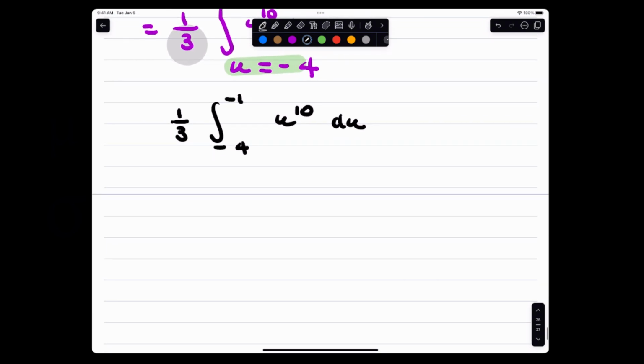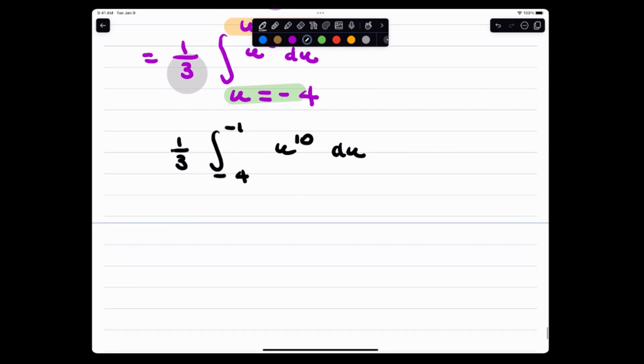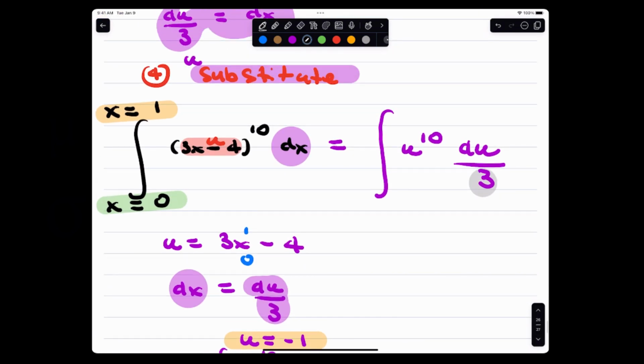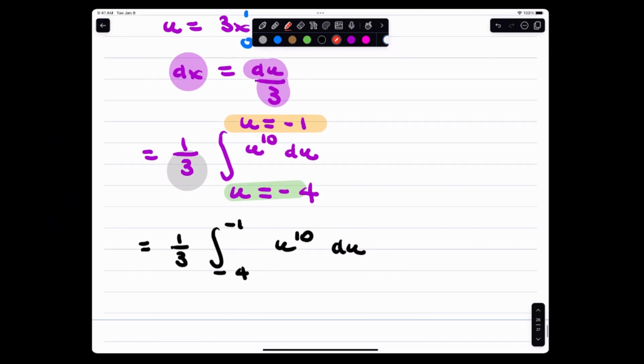There it is. You integrate in terms of the variable u now. It's no longer in terms of x. But it is equivalent, because notice we have this equal every step of the way. You notice I put equal here, and equal here and equal here.